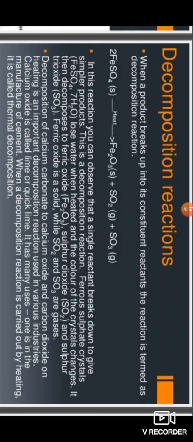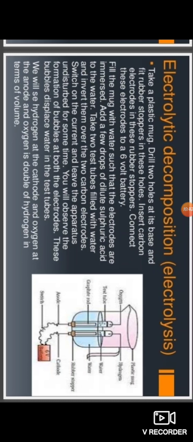There are three types of decomposition reaction.